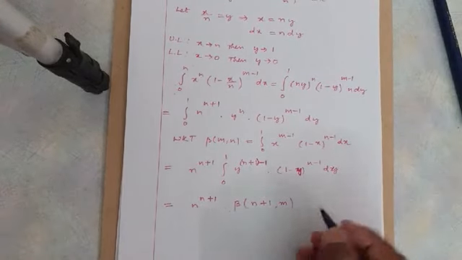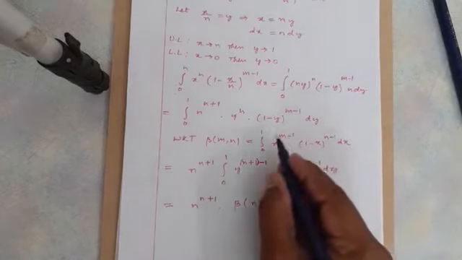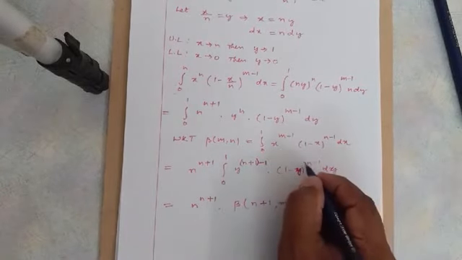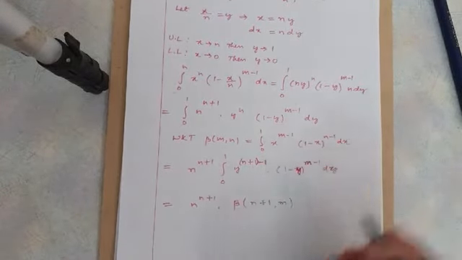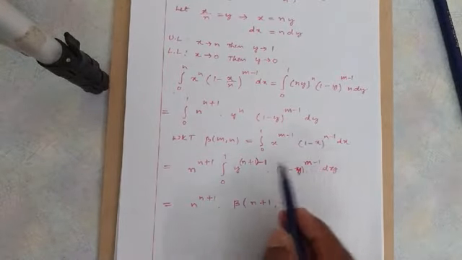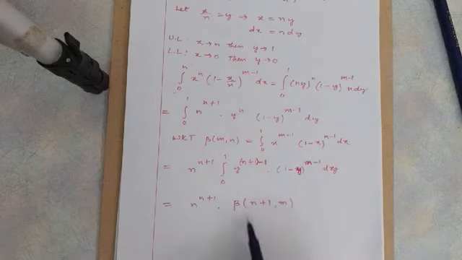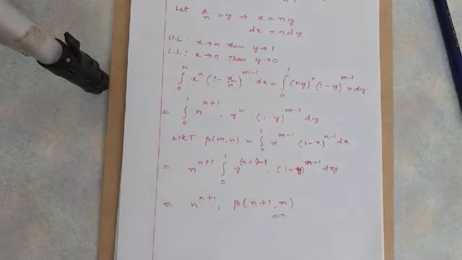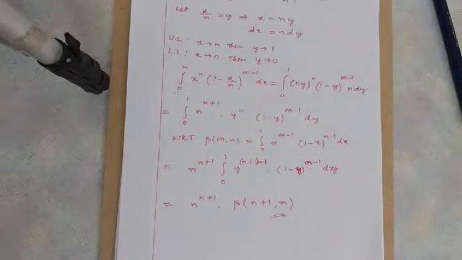Here this is m minus 1, yes, because it is m minus 1, so we have to take m minus 1. Now we compare with this definition of beta, so that we get beta n plus 1 comma m. This is the answer for the given question. We have made the given problem in terms of beta function. In this way we do the problem.